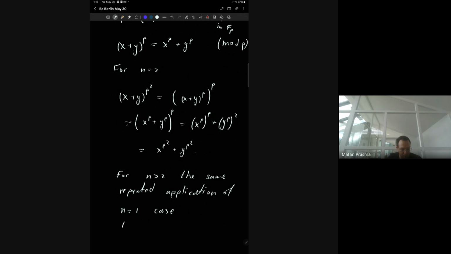This is what mathematicians usually call a trivial induction. Formally, if I wanted to write a completely formal proof, I would do it by induction. But you can see that all I'm doing here is just applying the n equal 1 case again and again.